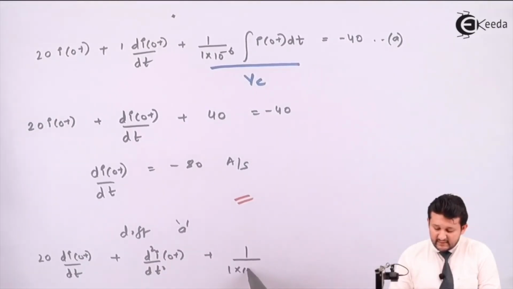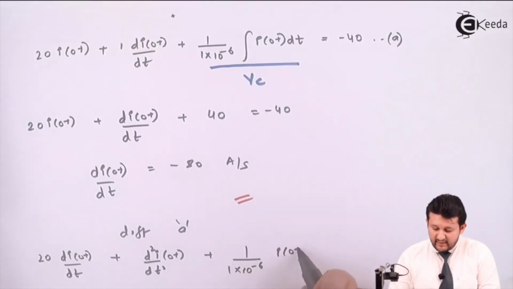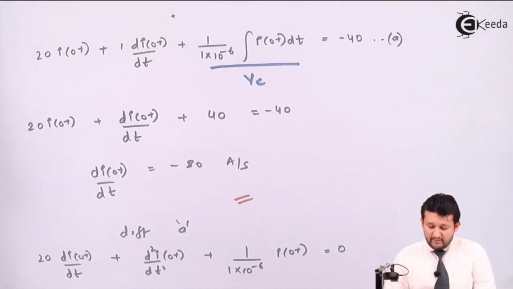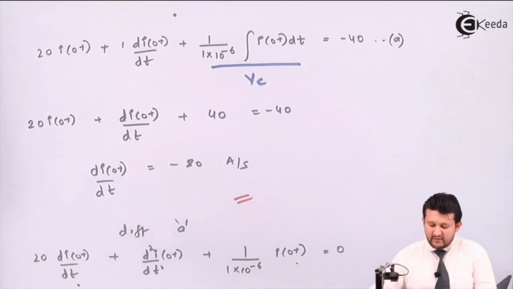The constant will be as it is. The integration and differentiation will get cancelled, so it will be i of 0 plus equal to 0. So I need to find d square i upon dt square: put the value of di by dt, put the value of i of 0 plus, and we'll get the value of d square i upon dt square.